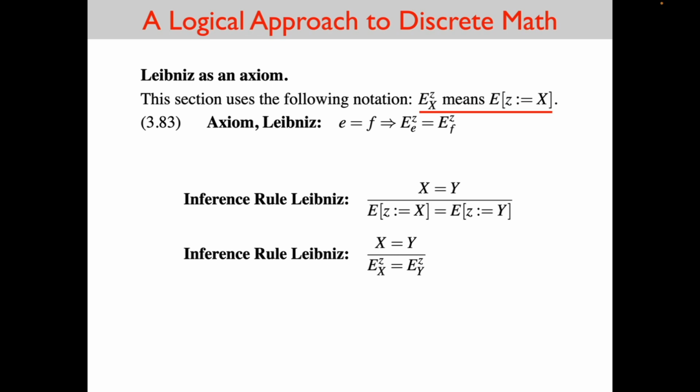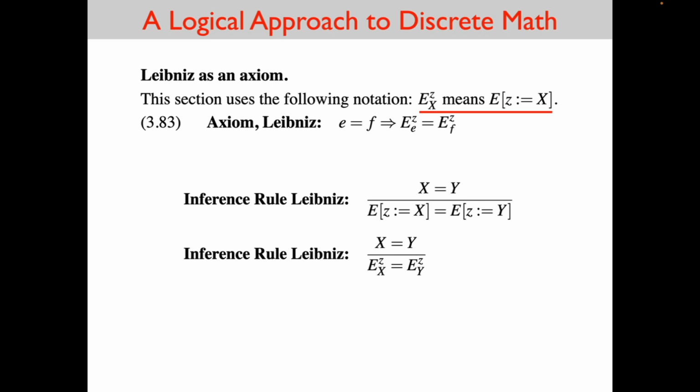And it's not E with Z replaced by e equivales E with Z replaced by f on the consequent of the implication. It's E with Z replaced by little e equals E with Z replaced by f. So we have equals here instead of equivales. Now why is that?